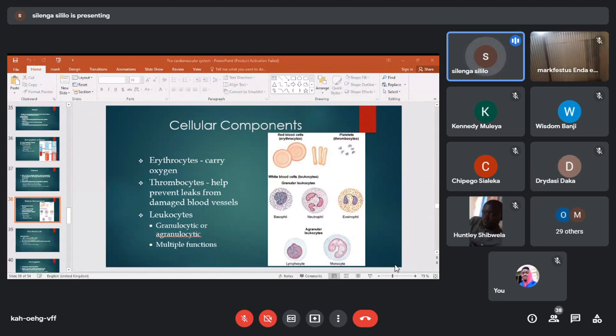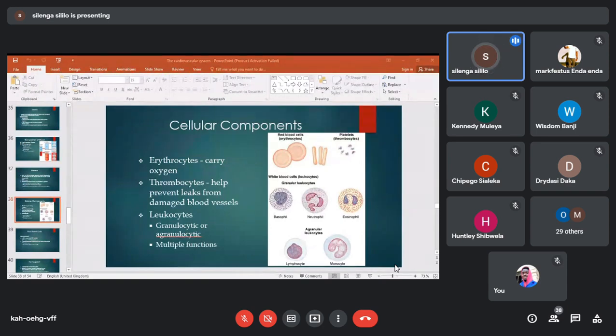All these white blood cells, really their function is protection. Most of the granulocytes are the ones that arrive first. We are going to discuss some of them further.